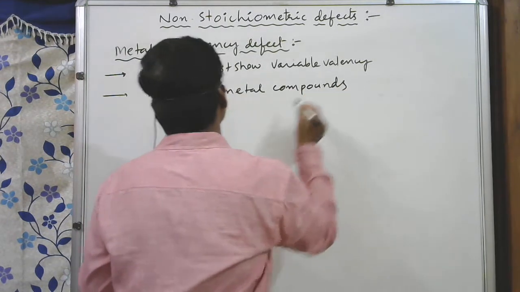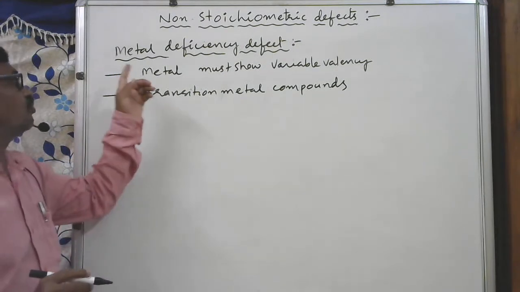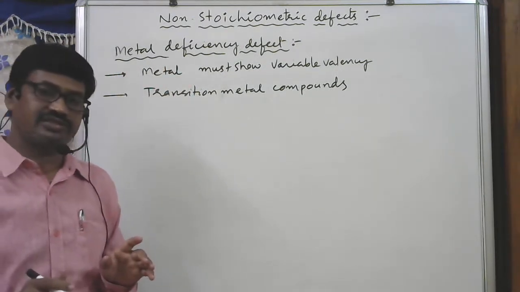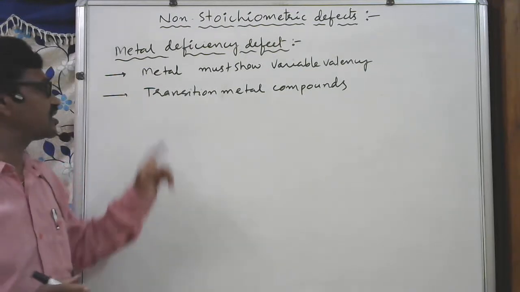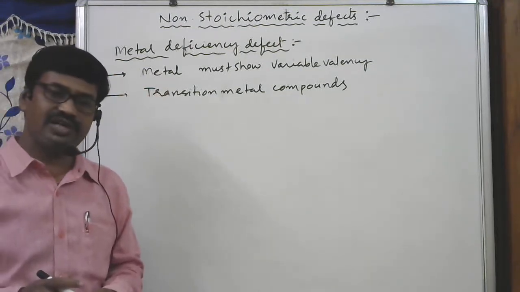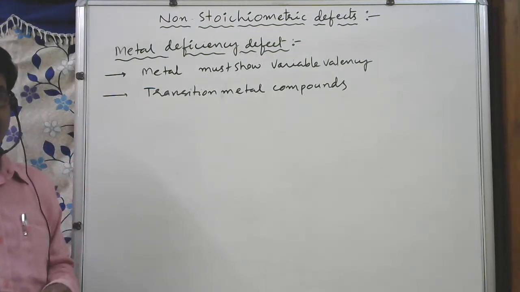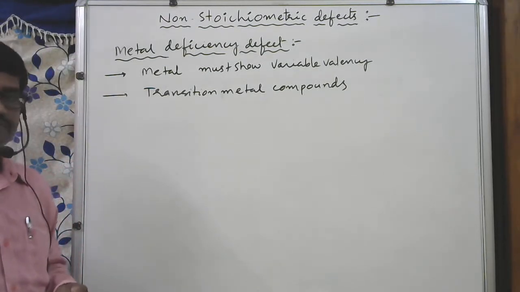Transition metal compounds generally show metal deficiency defect. So these are the two conditions obeyed by that particular crystal lattice. First, the metal must show variable valency, and that variable valency is for transition metals, so we can expect transition metal compounds.